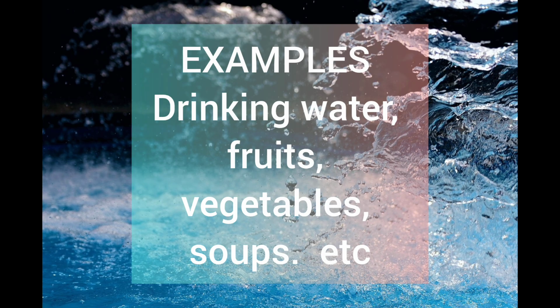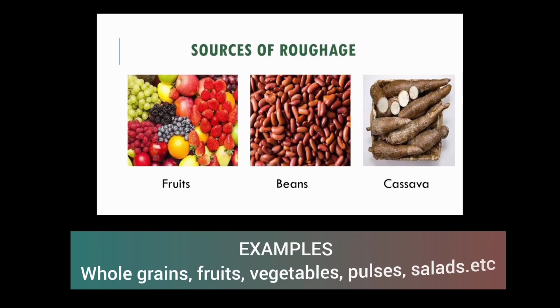The main source of water is direct drinking water, as well as fruits and vegetables, and in the form of soup, we also complete our water quantity in our body.